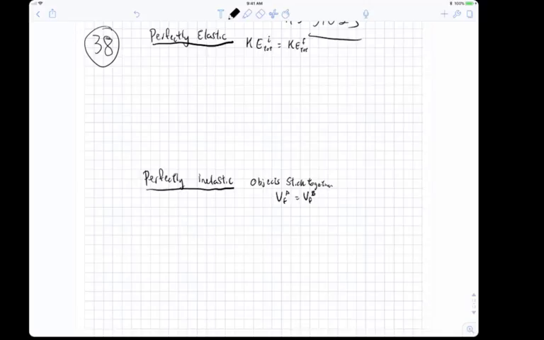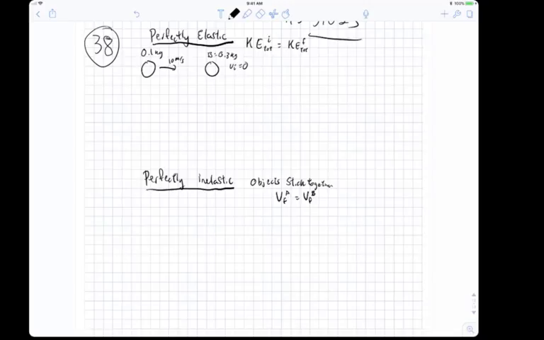Okay, so let's sort this out. Ball A, 0.1 kilogram, 10 meters per second. It's ball B, mass 0.3 kilograms, VI is equal to 0.